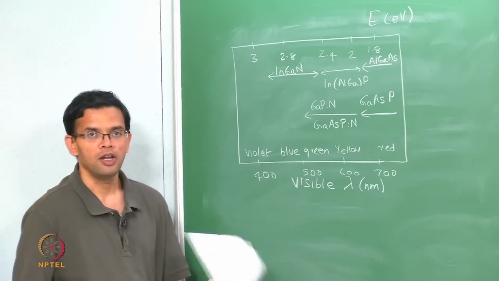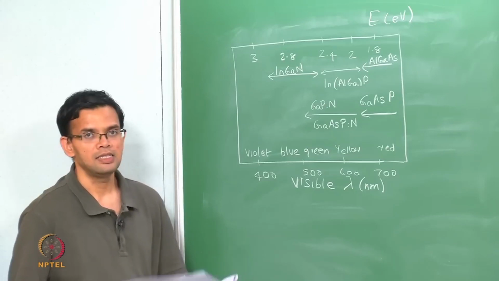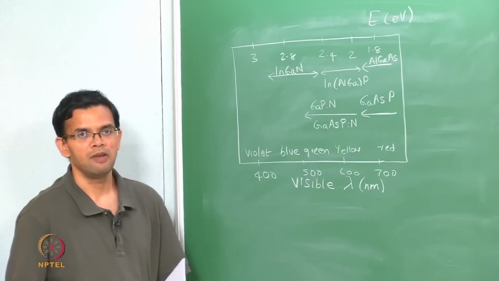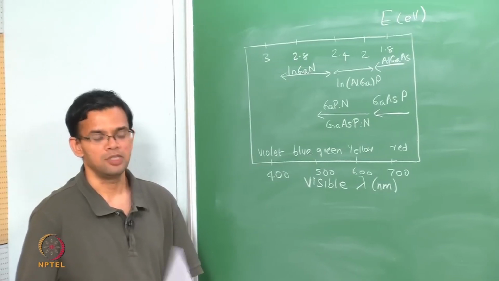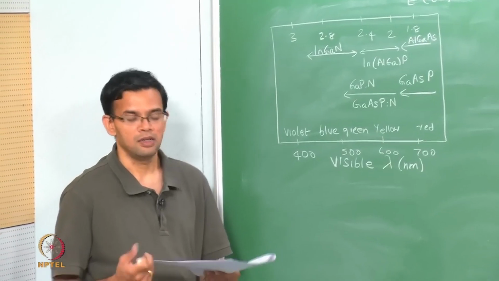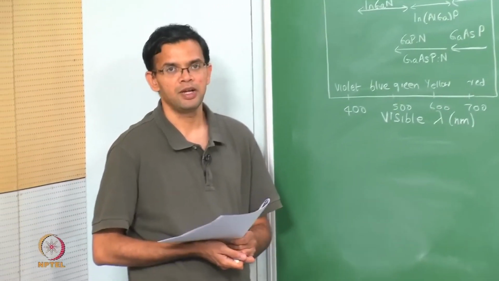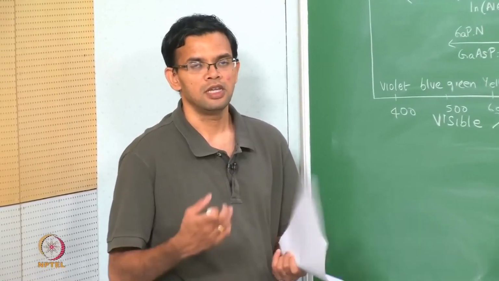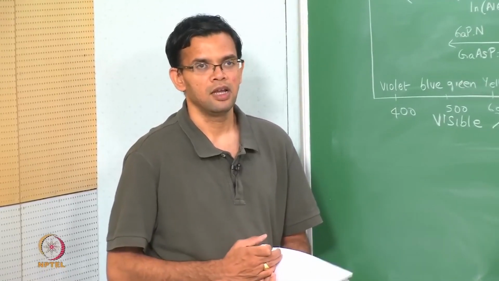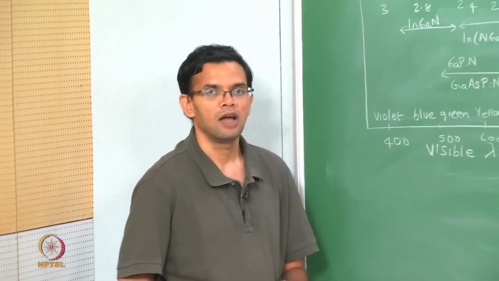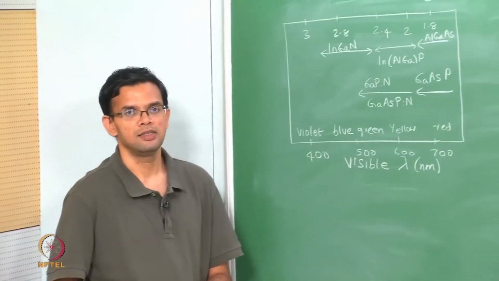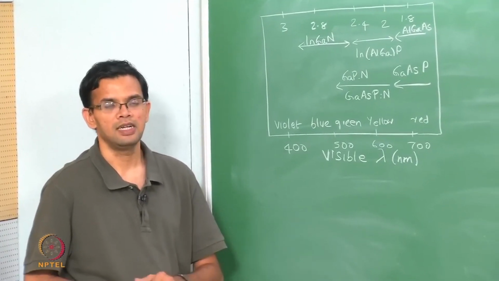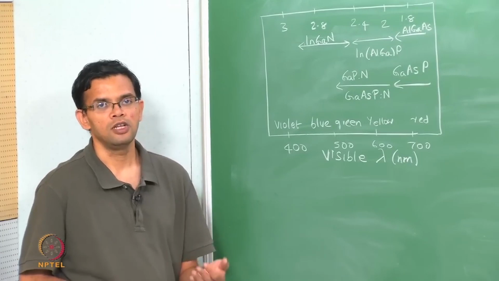In order to avoid defects, these LEDs are usually grown by some vapor deposition means like chemical vapor deposition or atomic layer deposition, or even a simple physical vapor deposition like sputtering or laser processes. So this enables you to grow different layers with minimum defects. Again, you have to choose your materials in such a way that there is a lattice match, because any lattice mismatch can also lead to defects.